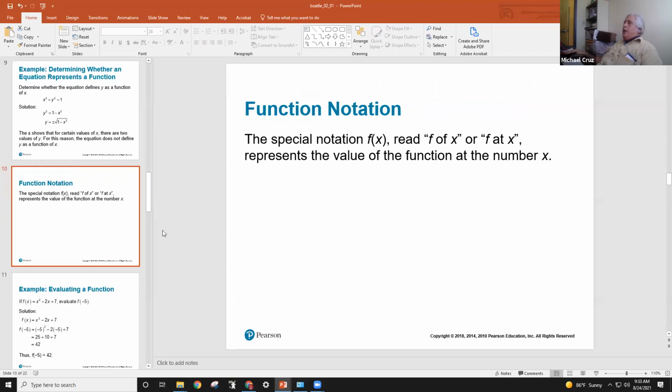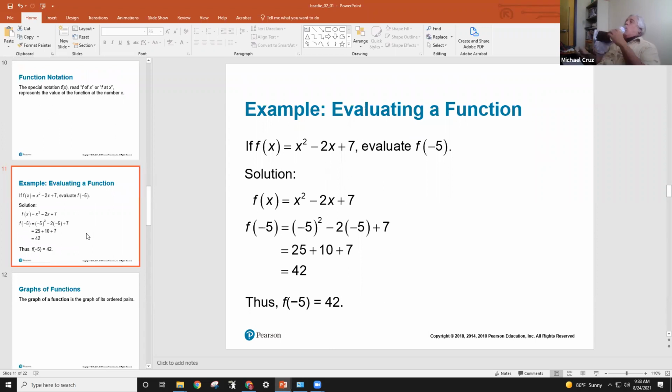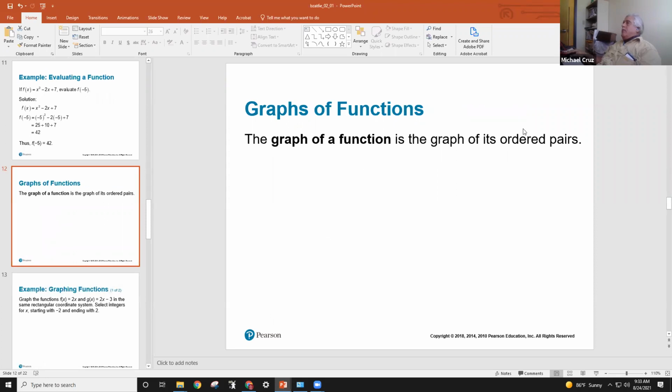The functional notation, f of x, is just a shorthand notation to help us write things out without having to write too many words. And it also lets us know that something is a function. Now, the graph of a function is a graph of its ordered pairs.